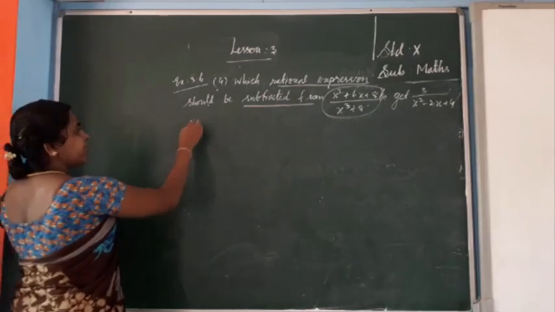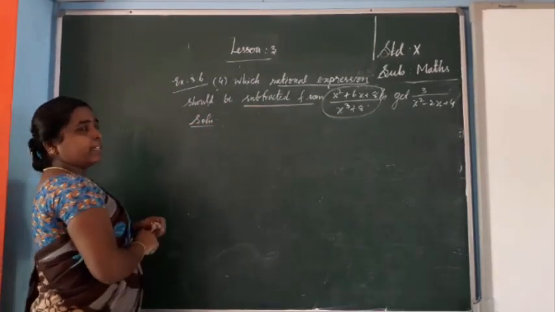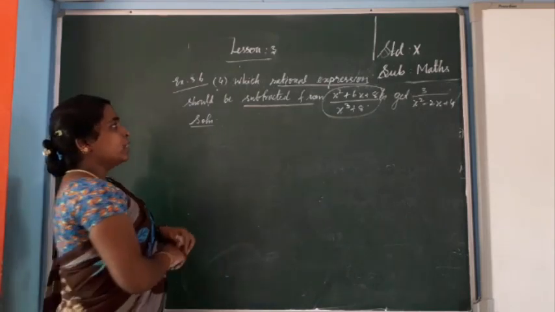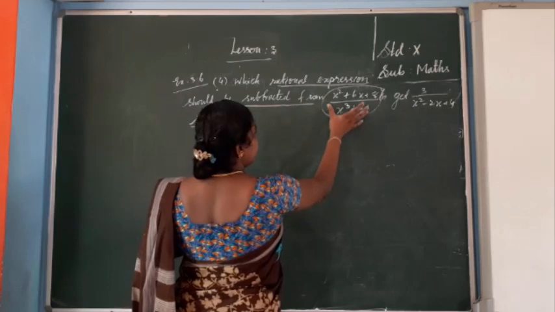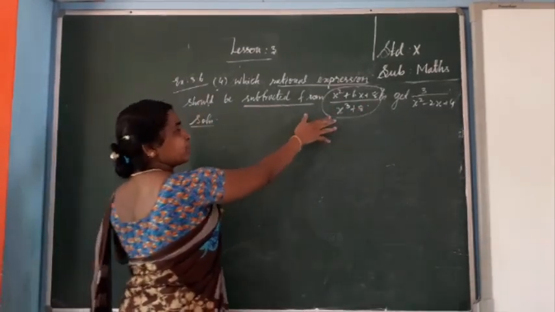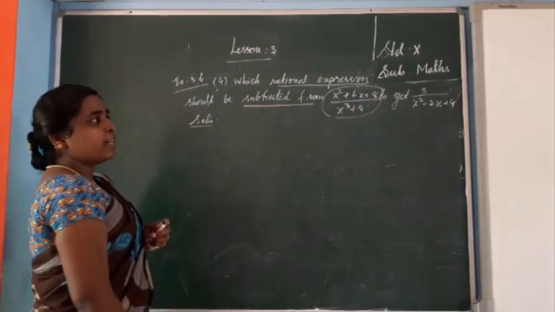So let the rational expression be p of x. Then you can say the condition. When you are subtracting p of x from this value, we will get 3 by x square minus 2x plus 4.